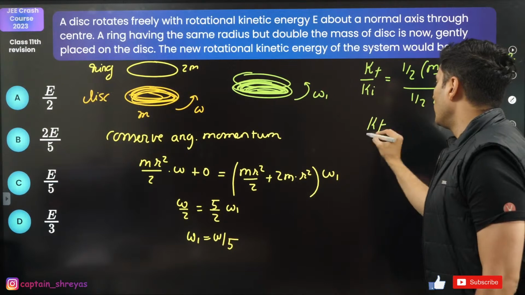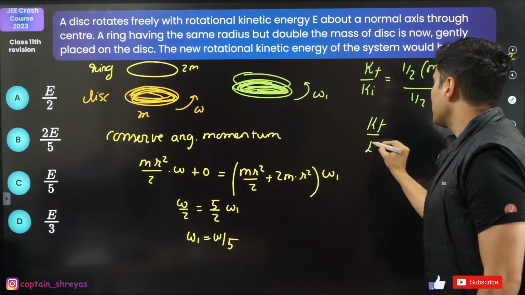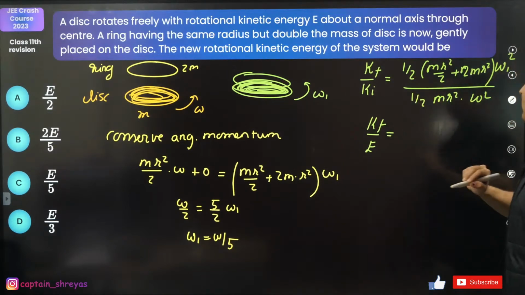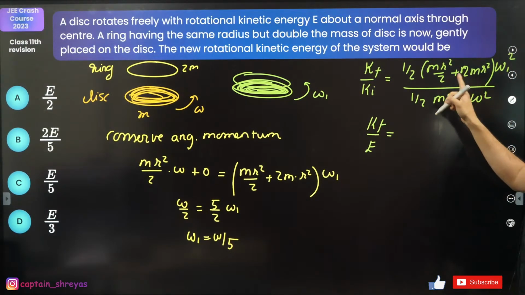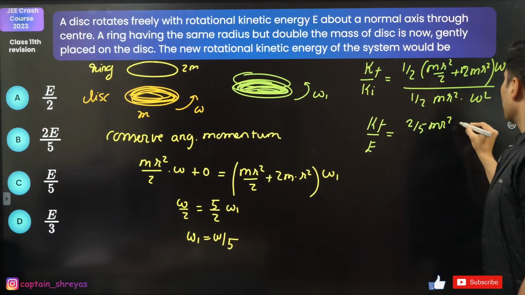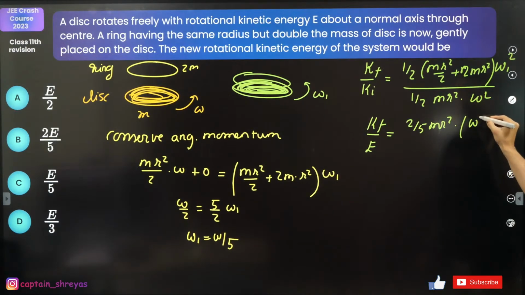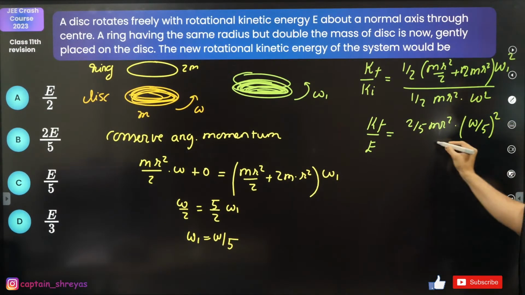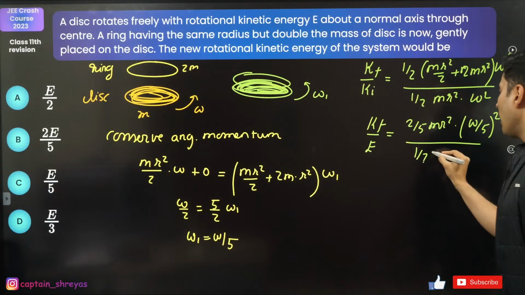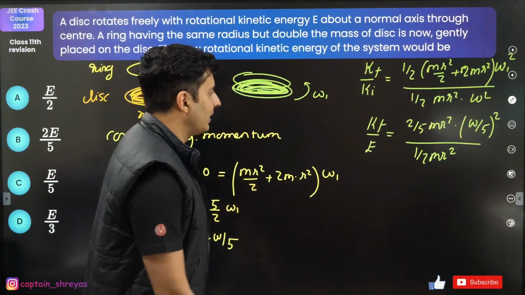Final energy I don't know. Initial energy is given, it is E. Half cancels. Half plus 2 is 2.5, so 2 by 5 mr square, and omega 1 is omega by 5, so omega by 5 whole square, whole thing divided by half mr square. Now do the math, guys, you're going to get it.